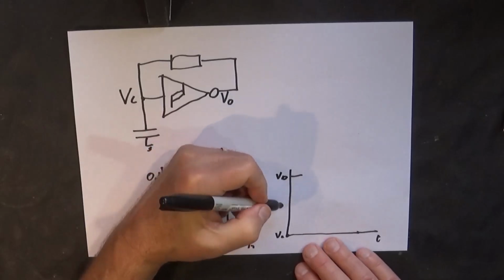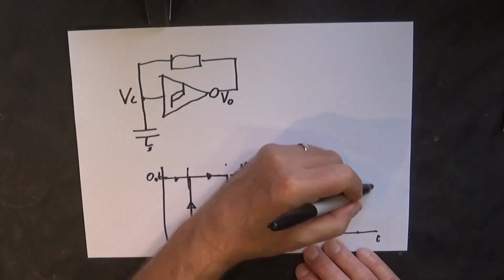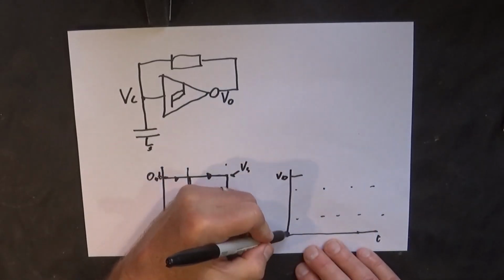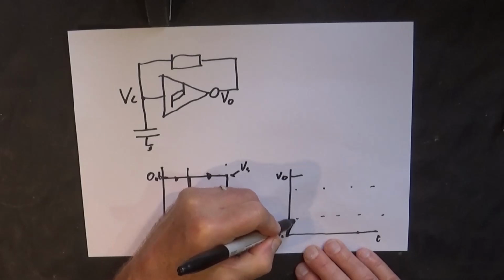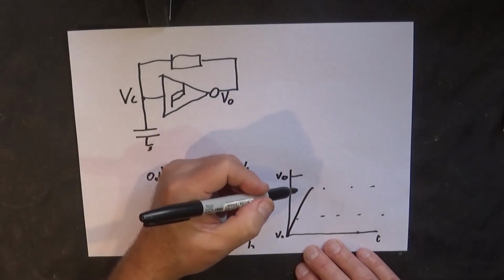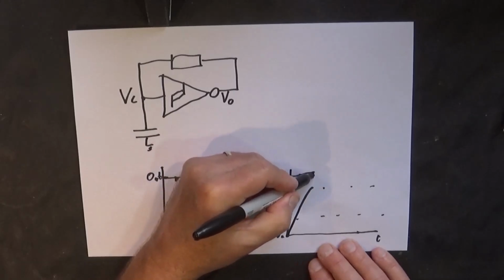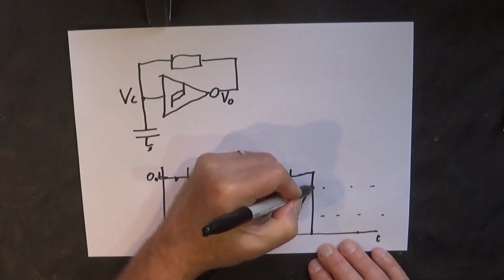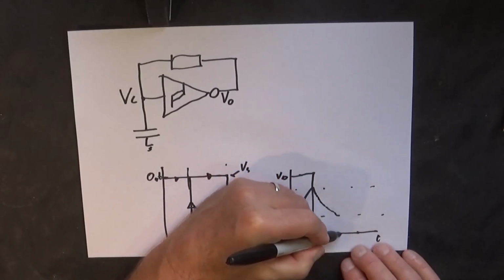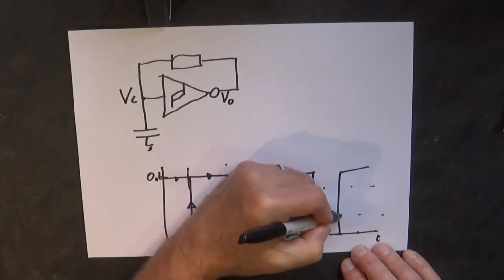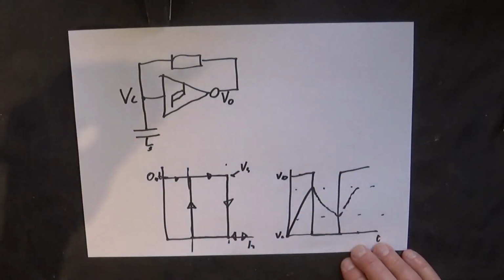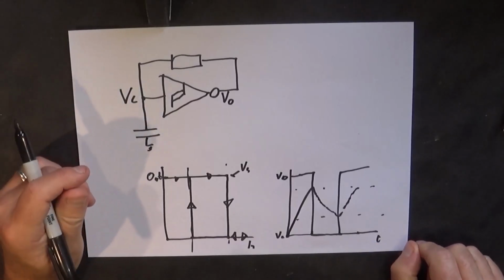So we have our two threshold values here. VC will charge up till it gets to our top threshold, then VO will go to 0, and VC will discharge till it gets to our bottom threshold. VO will go positive. So we will get a kind of ramp-wave-ish thingy.